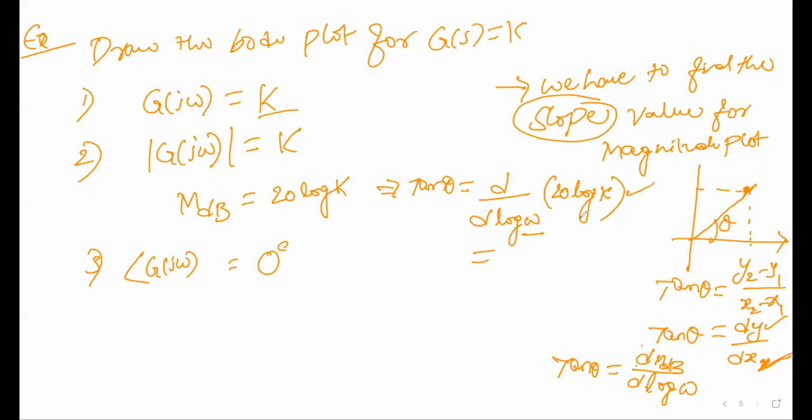Is there any omega term here? No, it is entirely constant. The derivative of a constant is 0. So the slope is 0.